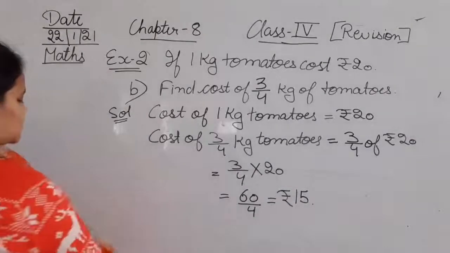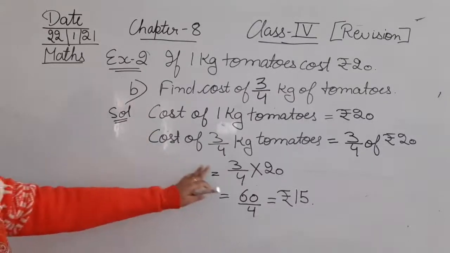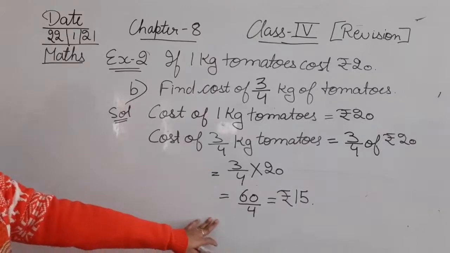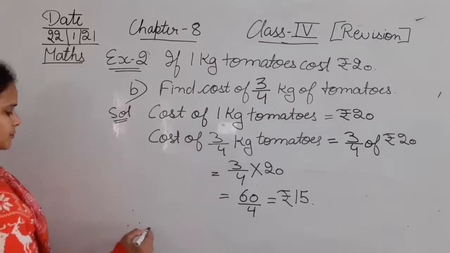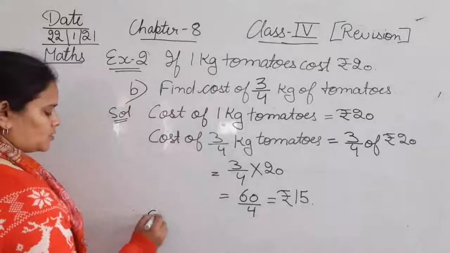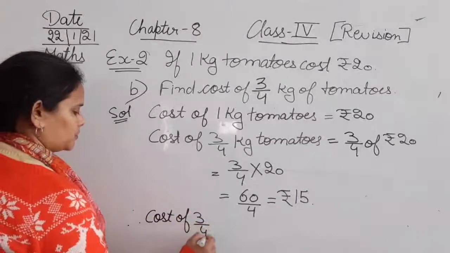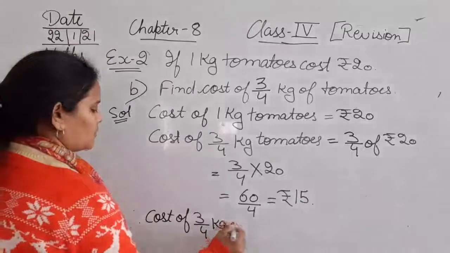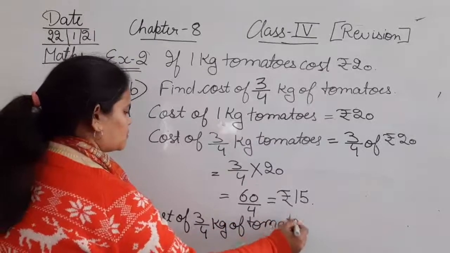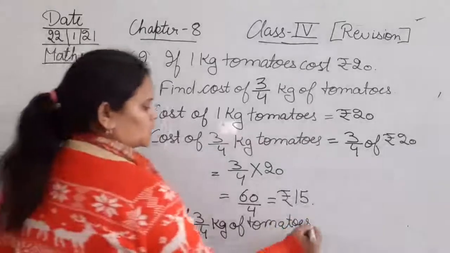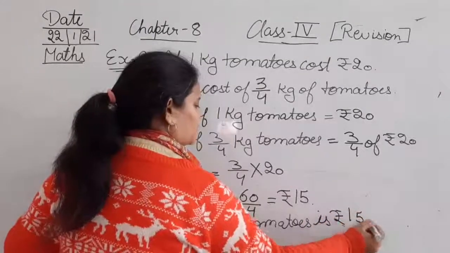देखिए अलग से सॉल्यूशन सेंटेंस. तो देखिए 1 kg की दी थी, 3/4 की हमने निकाली 3/4 of rupees 20 करके, and this is how we have calculated the cost of 3/4 kg of tomatoes. So let's write. Therefore, cost of 3/4 kg of tomatoes is rupees 15.